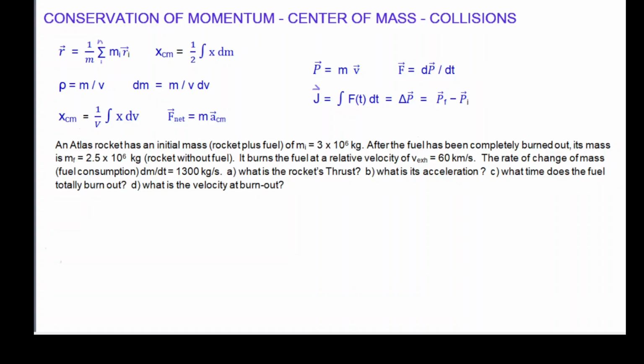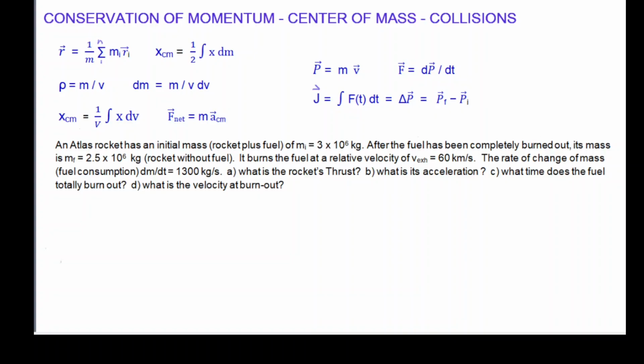It burns the fuel at a relative velocity of V exhaust equals 60 kilometers per second. The rate of change of mass or fuel consumption is dm dt, which equals 1300 kilograms per second. What is the rocket's thrust? What is its acceleration? What time does the fuel totally burn out? What is the velocity at burnout?